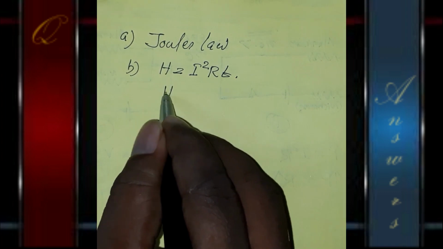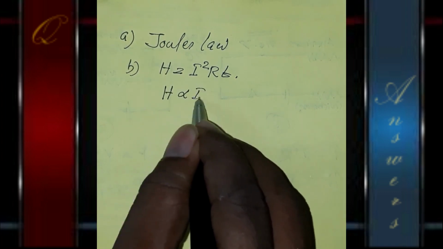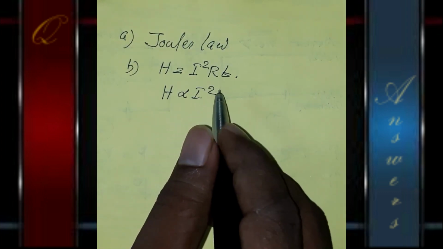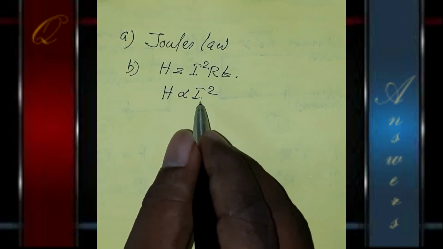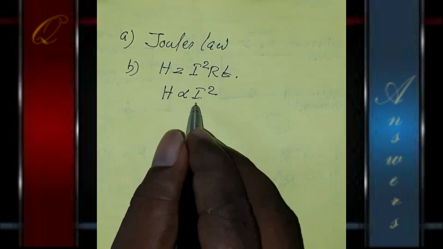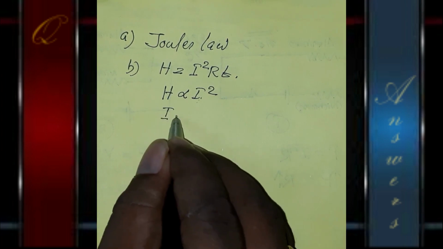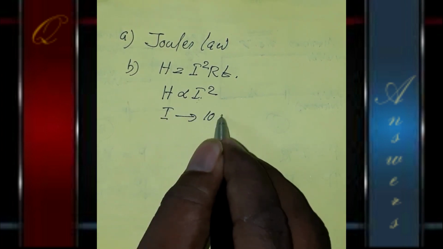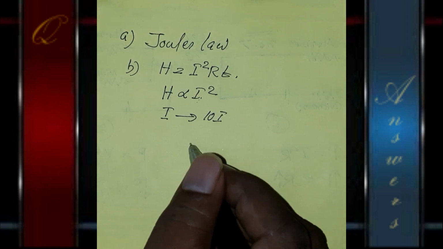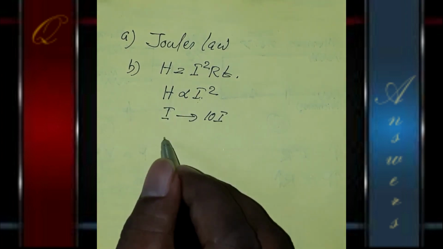So you may write H is proportional to I square. The current is made 10 times. That is, initially the current is I, and now you are changing it to 10I. Then what happens to heat?